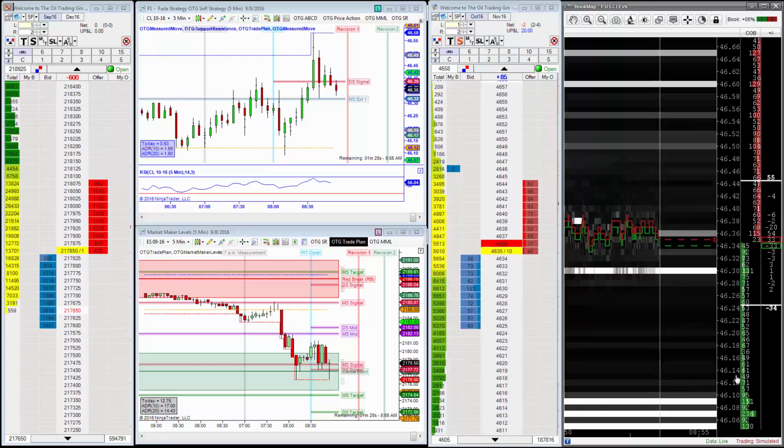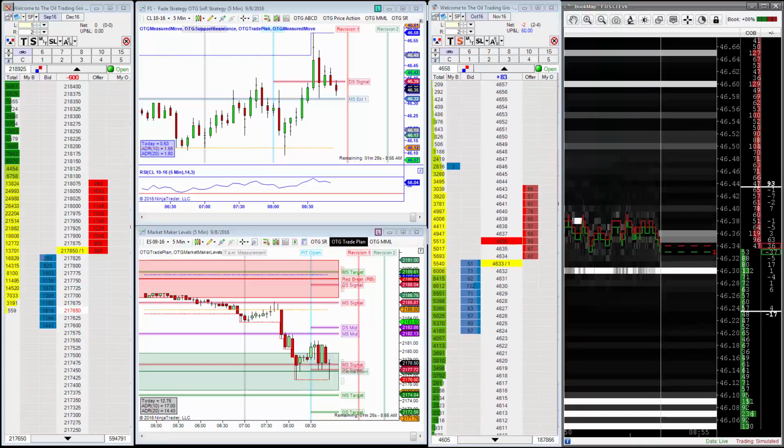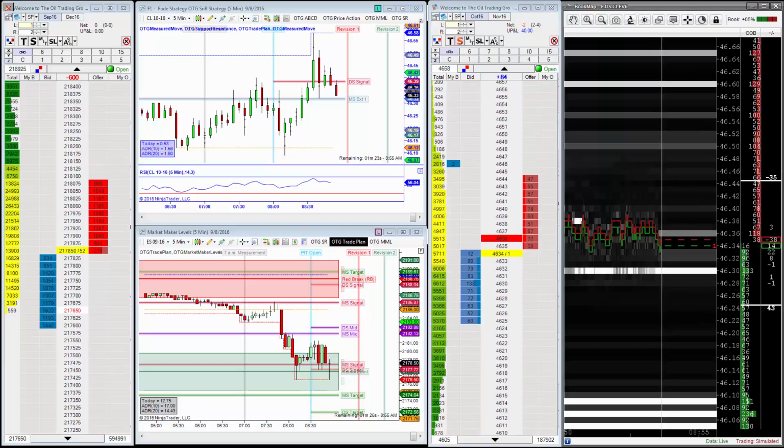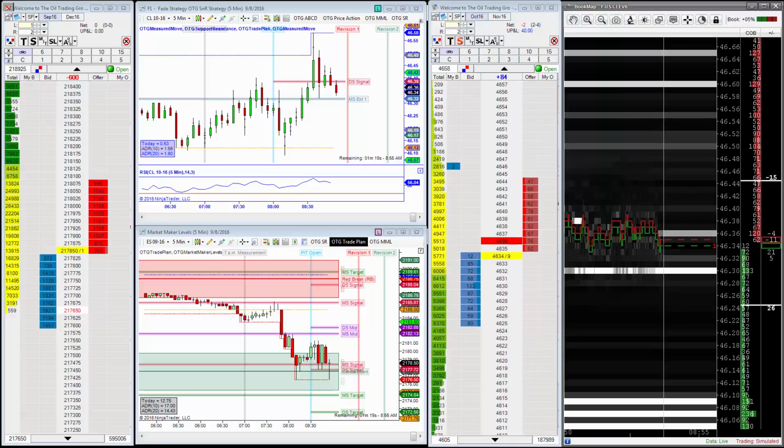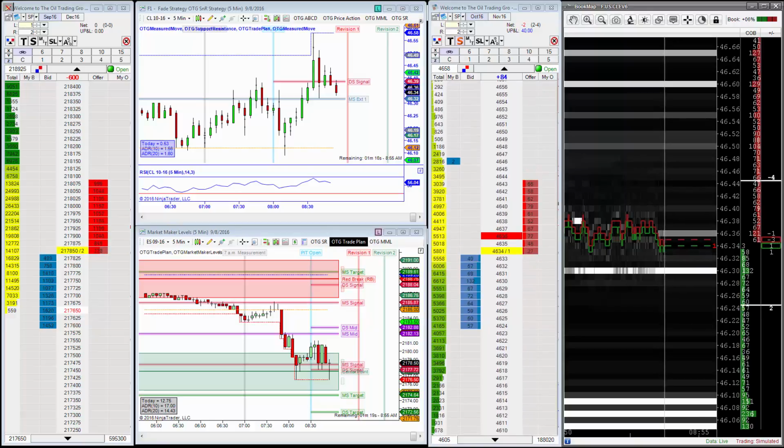All right, let's see if we can muscle through 32 and then 30. There's 33. Still can't get through 33. That is a triple bottom at 33 on the 1 minute.